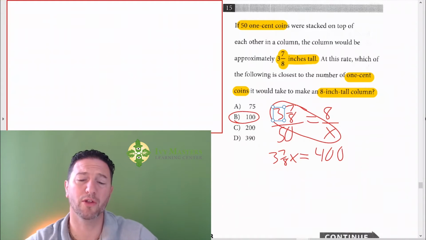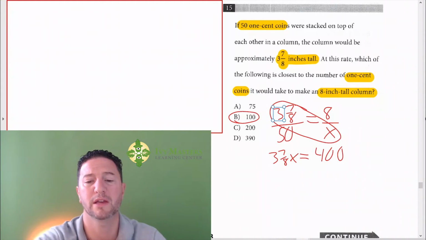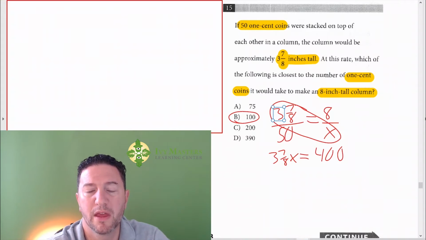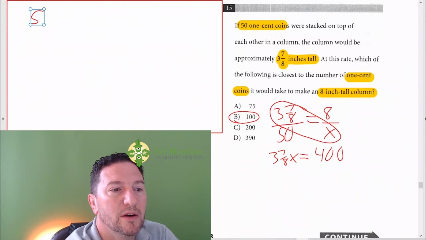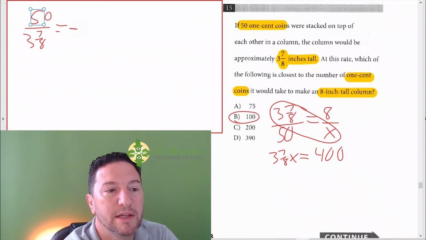Now, what are those other ways you could properly set up the proportion? Well, if I flip this, and I say 50 1-cent coins is 3 7/8, then where would I place the 8? Again, it's got to be near the 3 7/8.